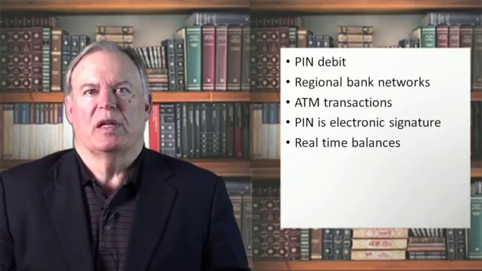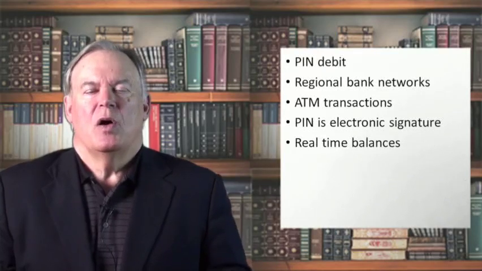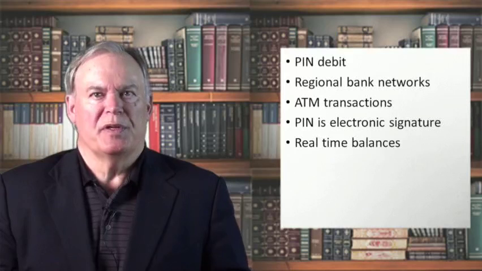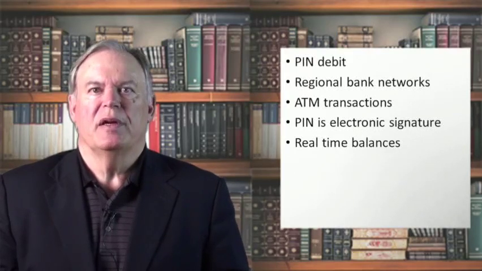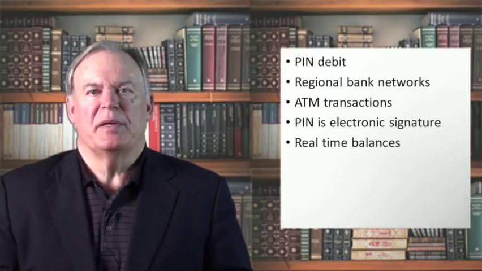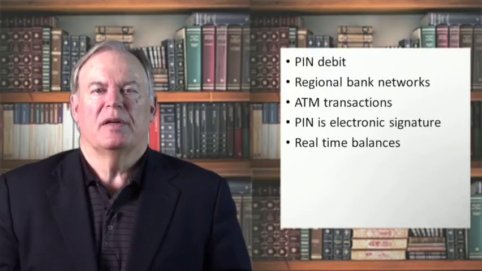Since cash withdrawals were allowed from ATMs, it was necessary that the balances be current at any given moment in time. Also, since transactions were allowed from unattended devices with no person available to verify a signature, the PIN, or personal identification number, would act as a secret code and substitute for a verified signature.